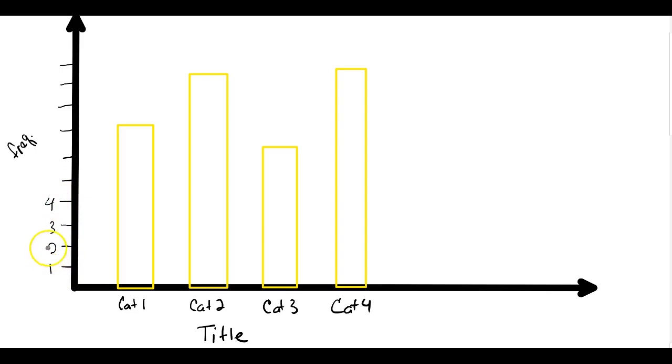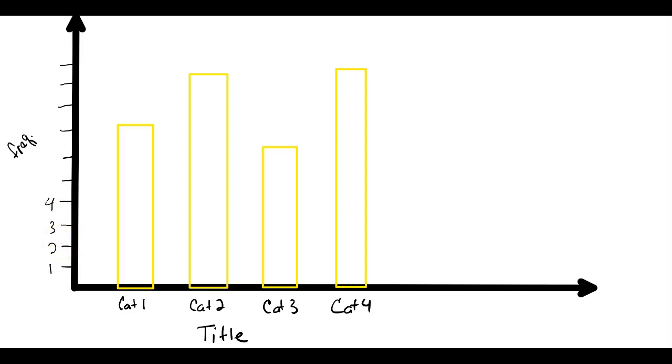I'm not going to say 1, 5, 8, 10, that type of thing. I have to go up incrementally the same. You can count by 5s, you can count by 2s, you can count by 1s, you can count by hundreds, thousands, whatever you need to, as long as you're consistent as far as each line represents the same amount.